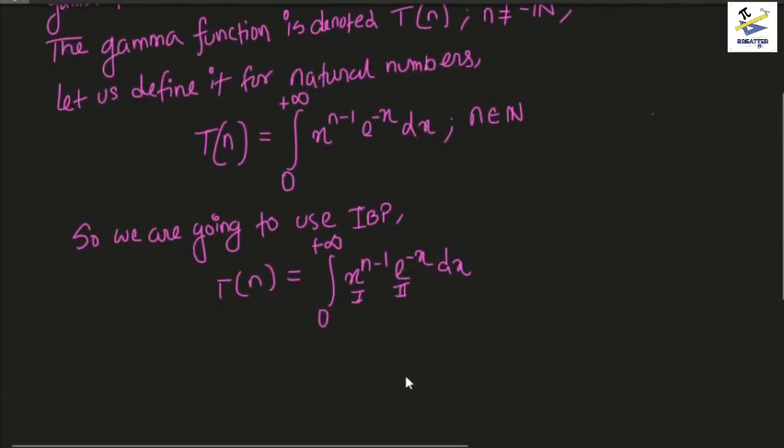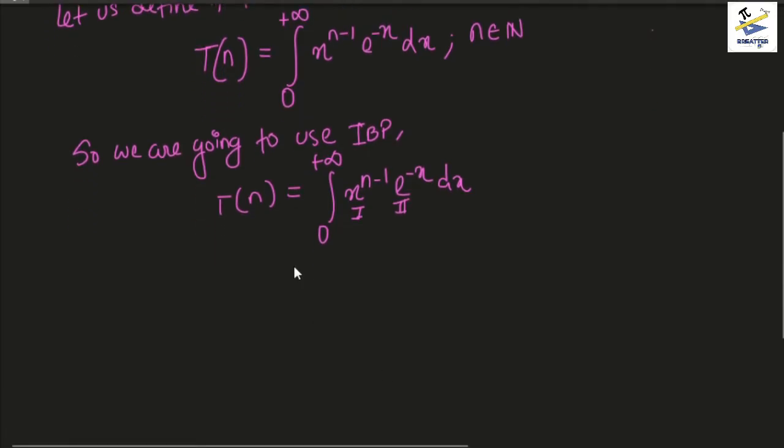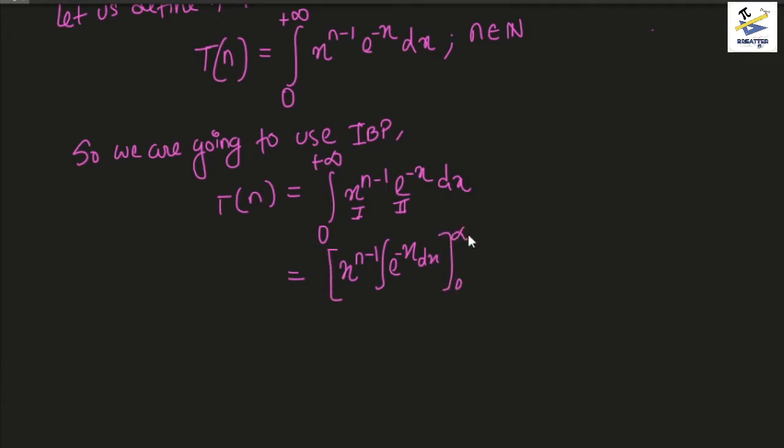Now since we do know the procedure for integration by parts, we can apply the following: x to the power n minus 1 multiplied by the integral of e to the power minus x dx, evaluated from 0 to infinity. This is because we are directly doing the IBP on a definite integral rather than an indefinite integral.